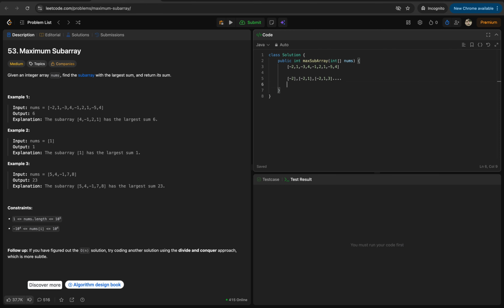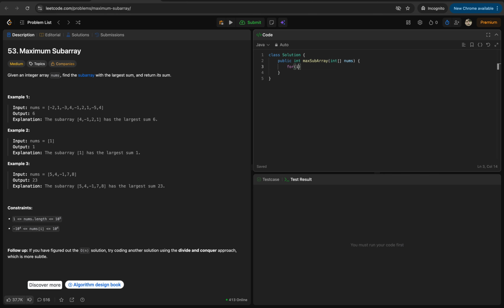We'll keep adding the numbers. Then the next subarray will start from this index, so 1, next will be 1 and -3, next will be 1, -3, 4, and so on. So like this we'll have all the subarrays.